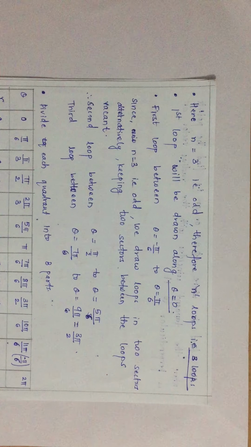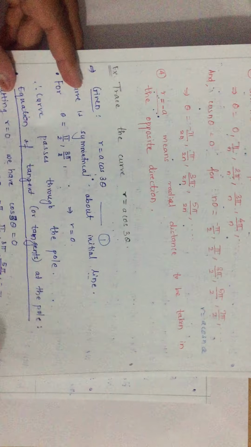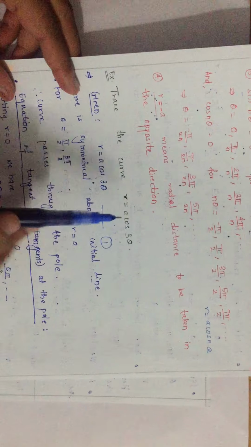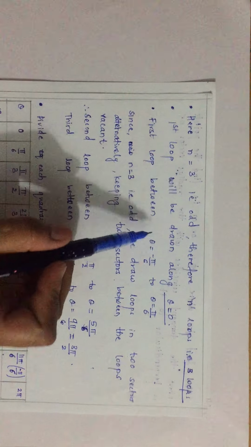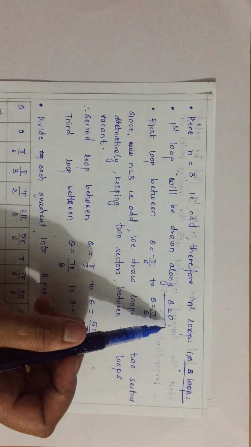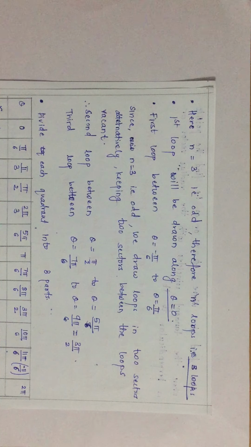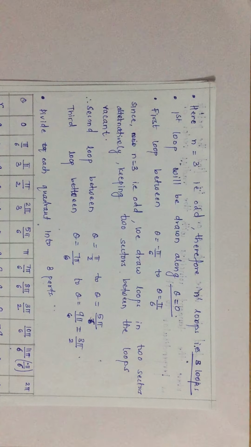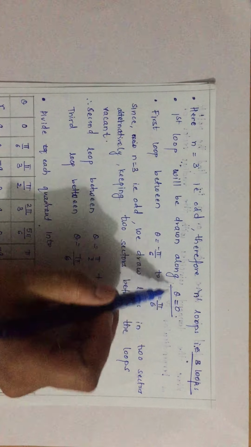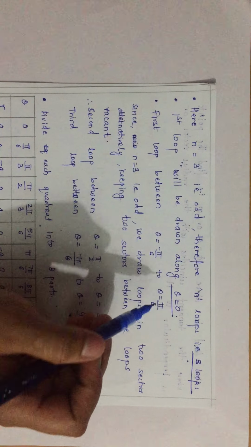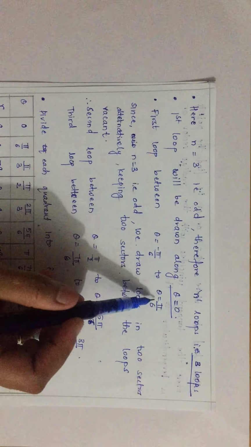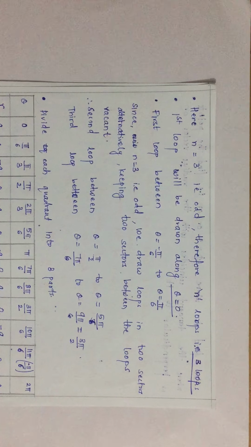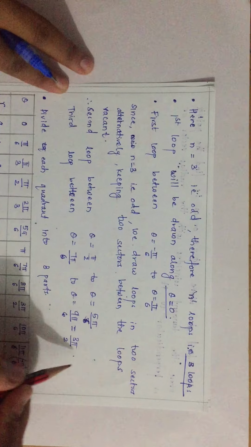Here the equation is r equal to a cos 3 theta, so the first loop will be drawn along theta equal to 0. Theta equal to 0 means the initial line lies between two angles, that is minus pi by 6 and pi by 6. Roughly we can sketch here.